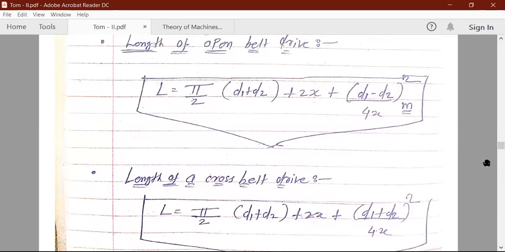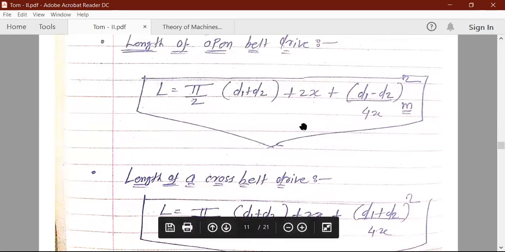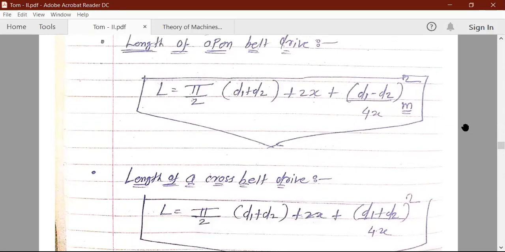But you have to understand how the length of open belt drive is generated. So we will see the simple derivation behind the length calculation of open belt drive and cross belt drive. There will be a numerical asked in your final examination on this point.